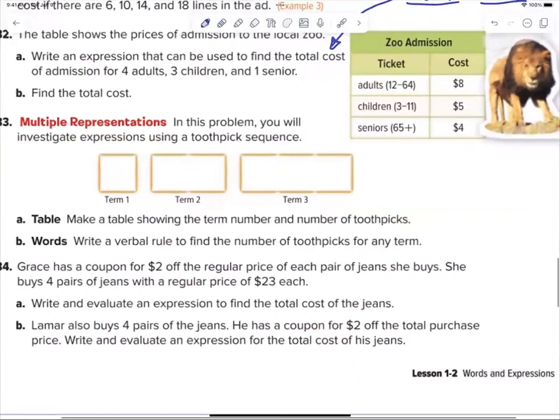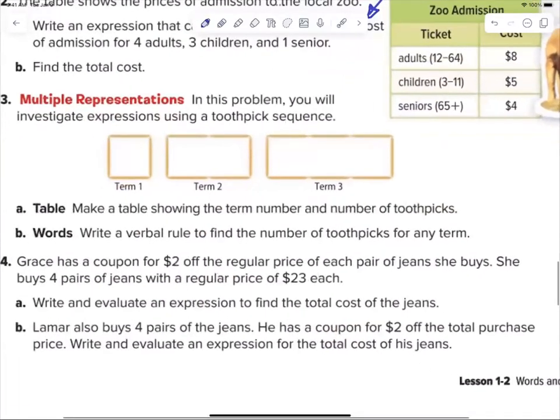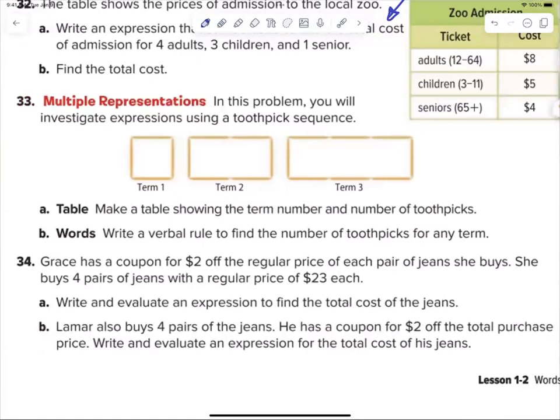All right, let's check out number 33. Kellen, why don't you read number 33 for me? Make a table of the term number and number of pieces, and try to group to find the number of pieces.